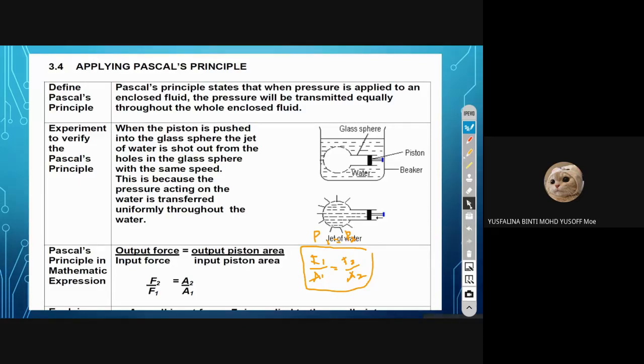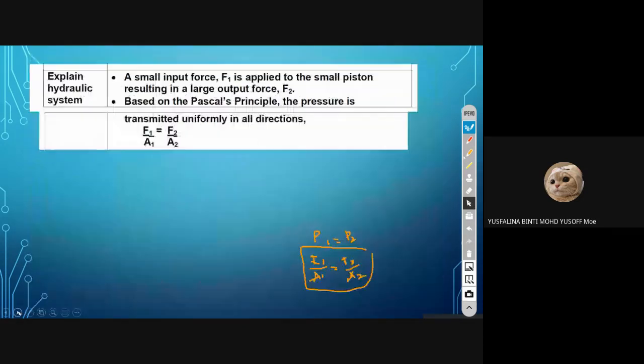Alright, let's move to the next question. Explain the hydraulic system. A small input force F1 is applied to the small piston, resulting in a large output. Remember the equation, P equals F over A, so PA equals F, right?